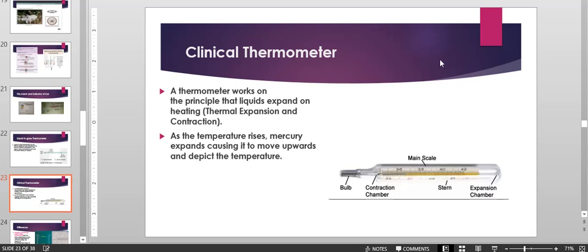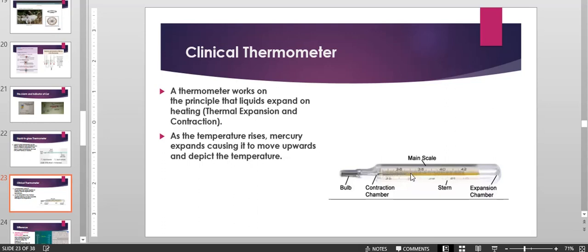Whenever this thermometer is kept in the mouth of the affected person, after a while, when this thermometer is taken out from his mouth, or from the hand, for example if the person is a child, if the temperature of the body is normal, that is 37 degrees Celsius, then you can see that the mercury will be up to 37 degrees Celsius.